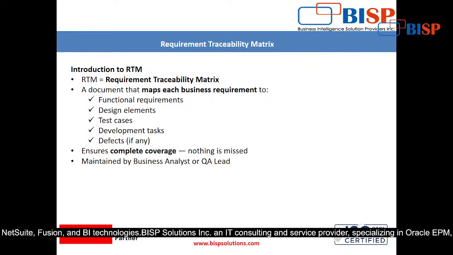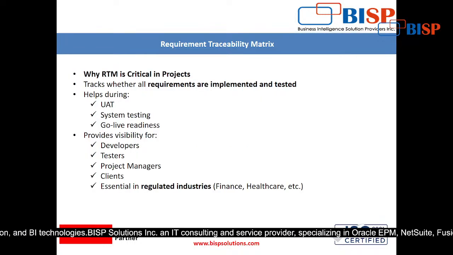Okay, now see why RTM is critical in a project. Okay, so the question is why it is very important. See, it tracks whether all requirements are implemented and tested.